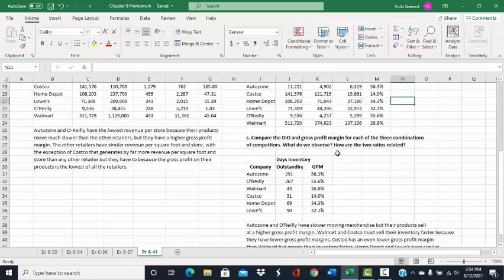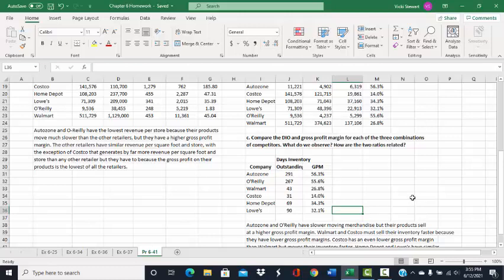And what do we observe and how are the ratios related? So I have rearranged the companies to show them next to their competitor. So we have AutoZone and O'Reilly first, Walmart and Costco, and then Home Depot and Lowe's. And those are the 3 groups of competitors.